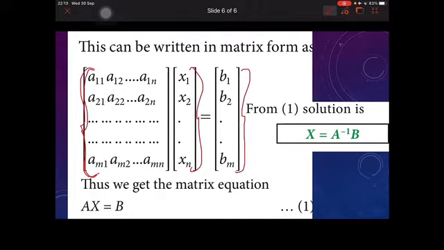This is in the form Ax equal to B. A is the matrix of coefficients, X is the matrix of variables, and B is the matrix of constants. So Ax is equal to B.